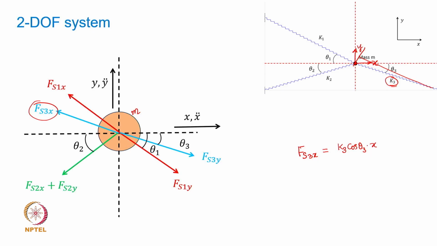The amount of stretch that is going to be generated is again y cos theta 3. So the spring getting stretched because of the positive y direction, this is the net stretch in the spring. That net stretch in the spring is going to pull the mass towards its original equilibrium position, which is going to be somewhere along this line.